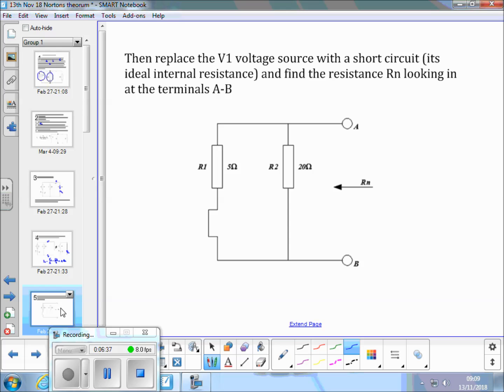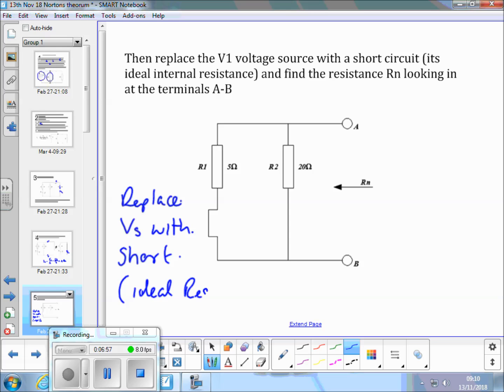So we've replaced VS with a short. That's its ideal resistance. Or the resistance of an ideal voltage source, I should say.